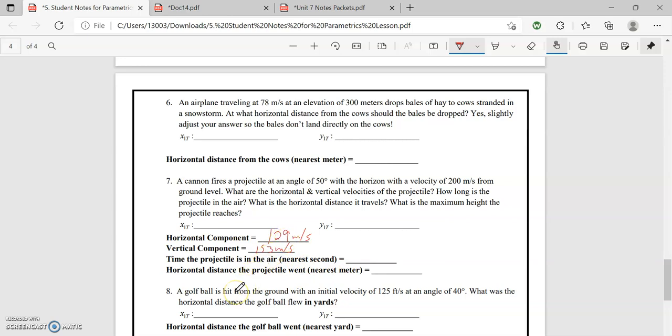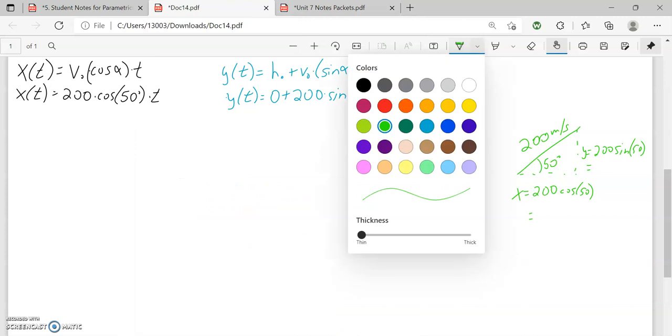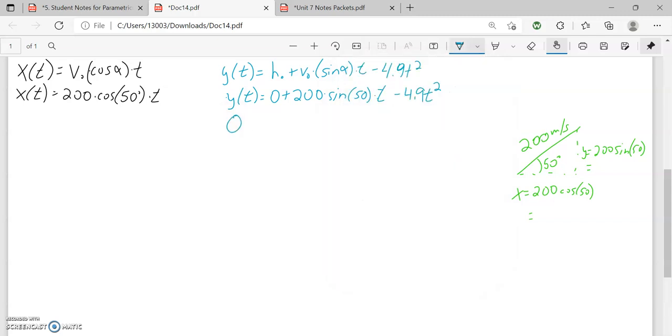It's asking the time the projectile is in the air. That goes back to the traditional approach we've been doing. If it's fired from the ground and comes back to the ground, how long did it take? We set y of t to be 0, because the height we're looking for the time of is 0 since we're back on the ground.